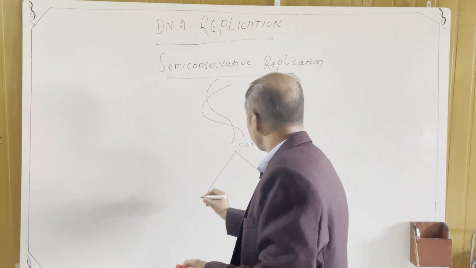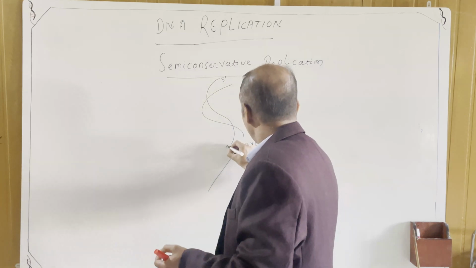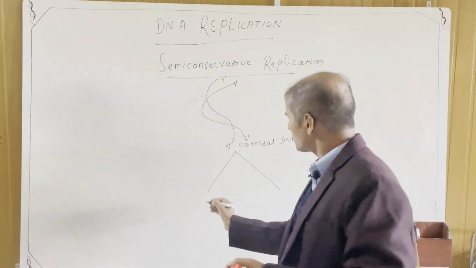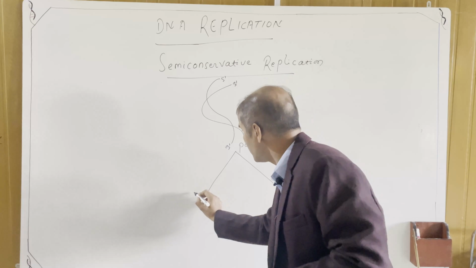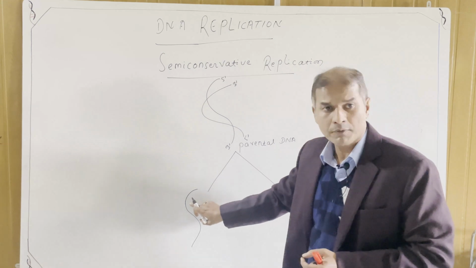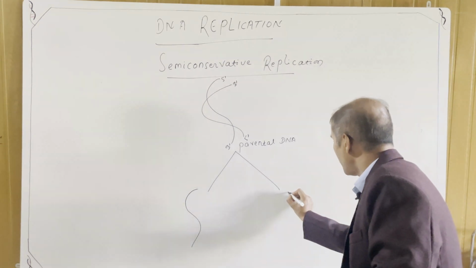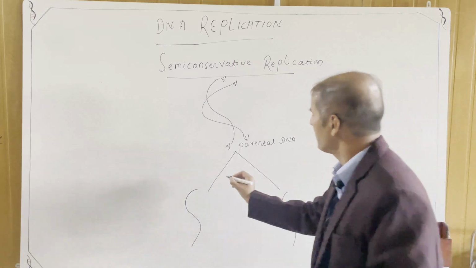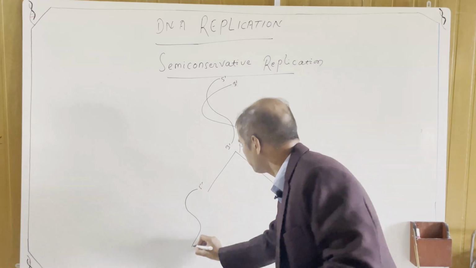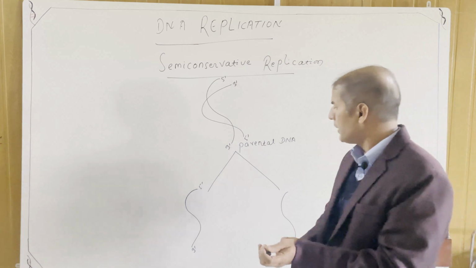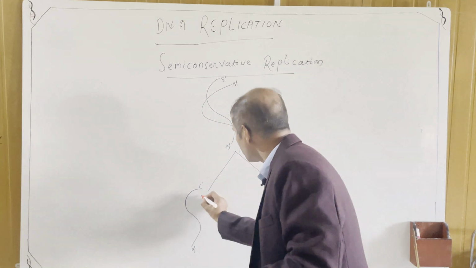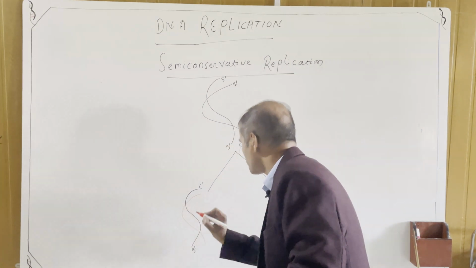So what happens is that this is the polarity of the strands. When two daughter DNAs are formed from one parental DNA, one of the strands of parental DNA is in one daughter DNA and another parental strand is present in another daughter DNA. Suppose this 5' to 3' strand is present in this daughter DNA. This daughter DNA will get one parental strand from the parent and another strand is the newly formed strand.